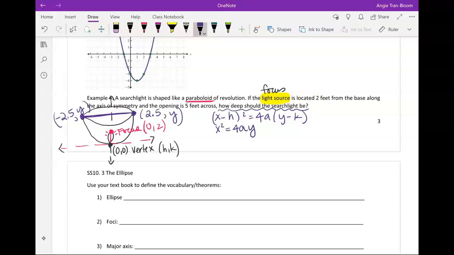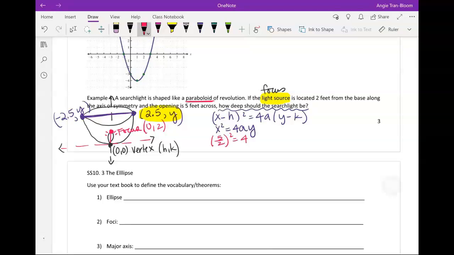Well, I do know x. X is, according to this, x is 2.5 when y is unknown. I can definitely plug that in. So 2.5 is really 5 over 2 quantity squared equals 4a times y. Well, I have one equation and 3 variables. I know what x is. I can plug that in.